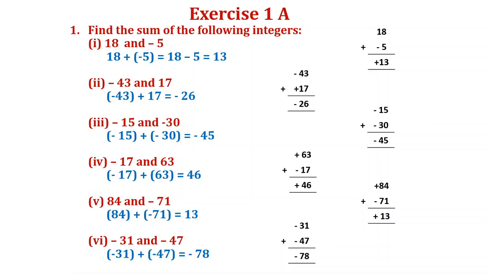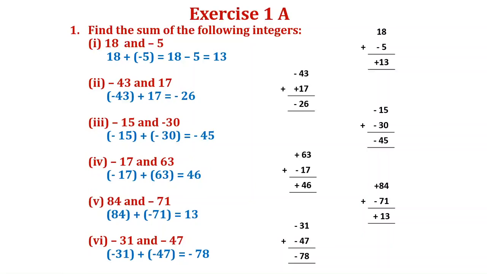Now how to add these two numbers? You see, 18 means plus 18. There is no sign in front of the integer, so you have to think that this is plus 18. So you are adding plus 18 to minus 5, which means you are adding two integers having different signs. To add integers with different signs, what is the rule?